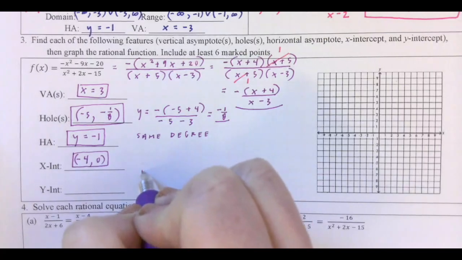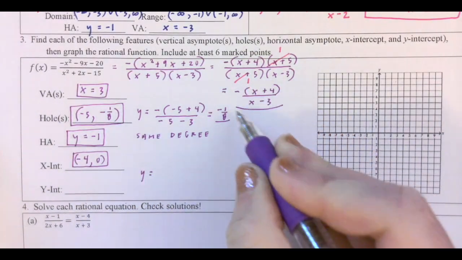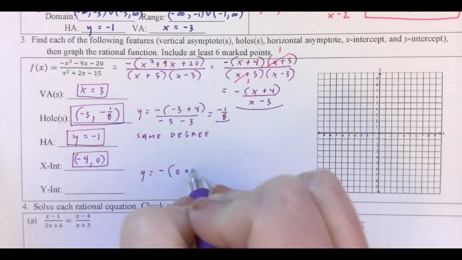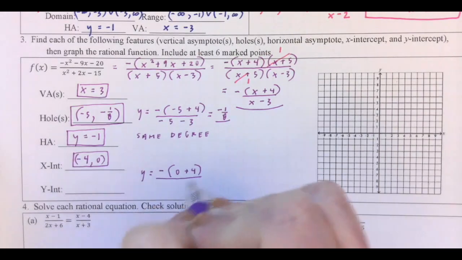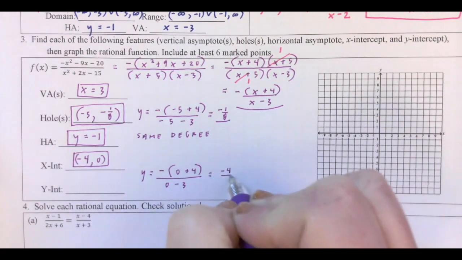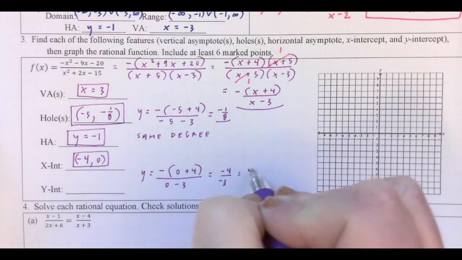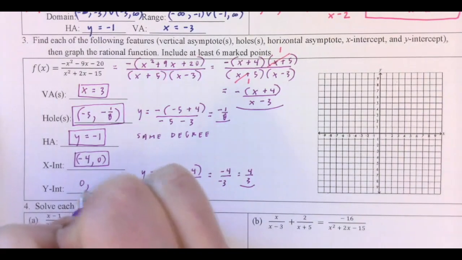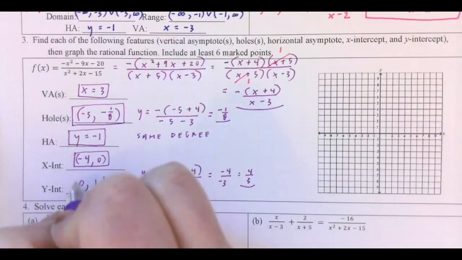So if I plug an x value of 0 back into here, I have -1 times 0 plus 4 all over 0 minus 3. I get -4 over -3, which is just 4/3, or 1 1/3 if that's easier to graph.